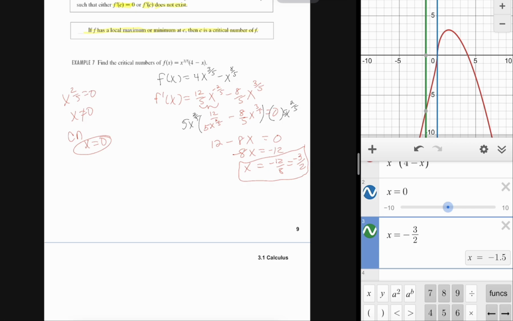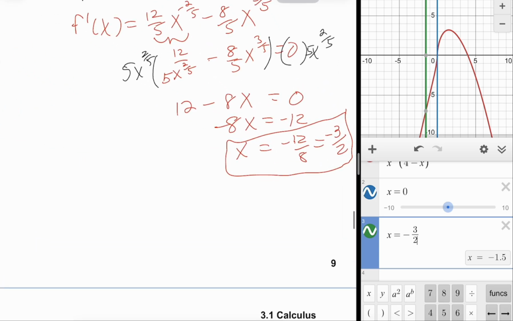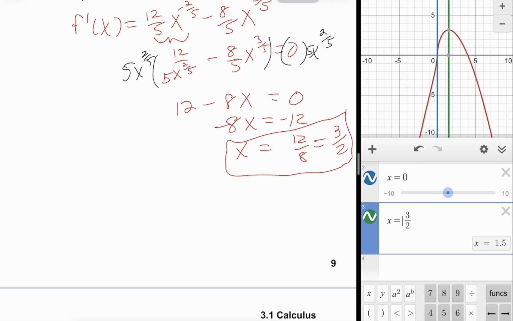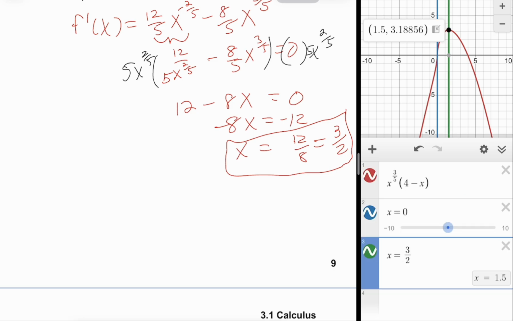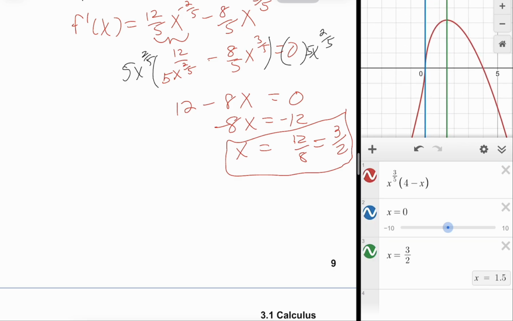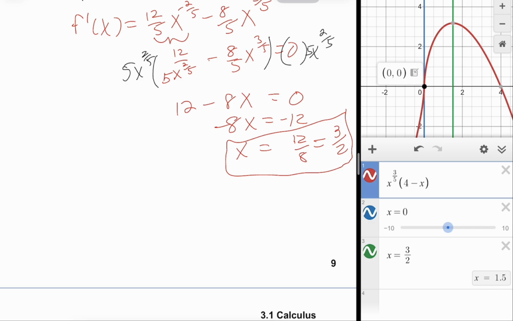Oh, so a negative divided by a negative, Mrs. Hott, is a positive 3 halves. And I found that because on my graph, I have that little peak there, and it sure isn't at negative 3 halves, but it is at positive 3 halves. So let's zoom into our graph where we hit. We have a critical number at 0 and a critical number at 1.5.